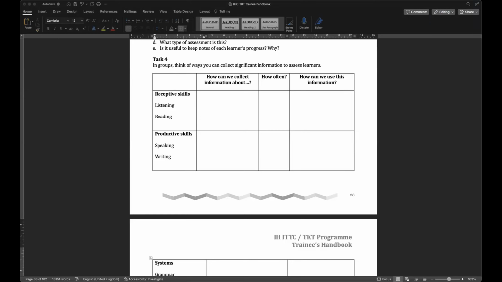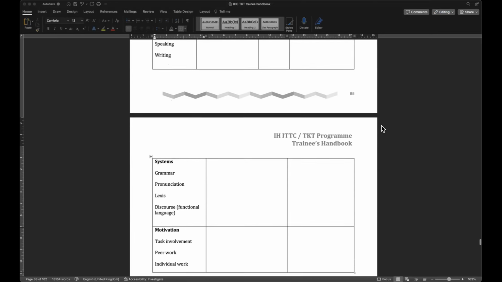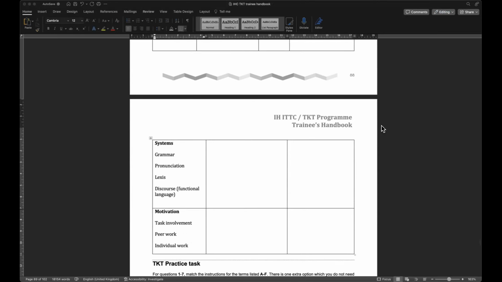And speaking and writing. Did you write all the ones that you can use?